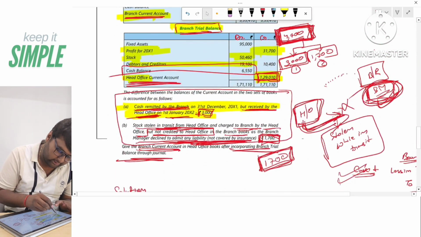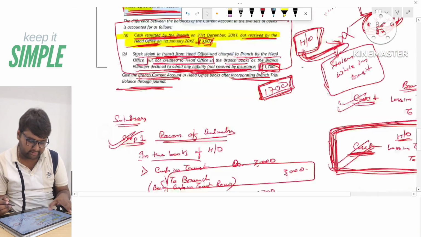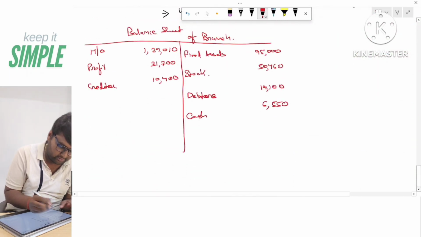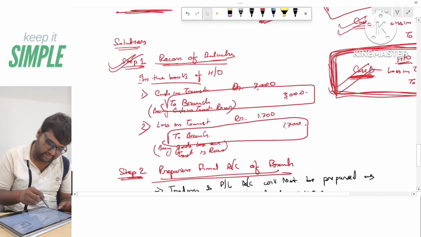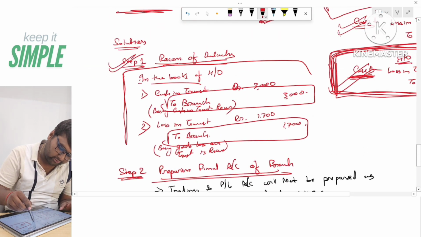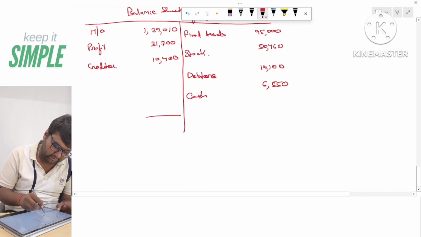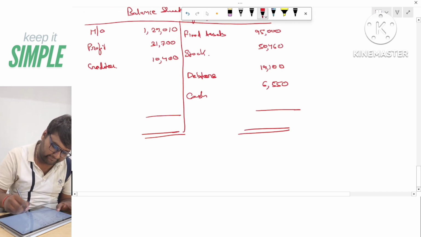And head office current account, 1,29,010. And there was no adjustment in the books of branch. These are adjustments in the books of head office. So we don't have to do anything. We just have to total this and it will tally.